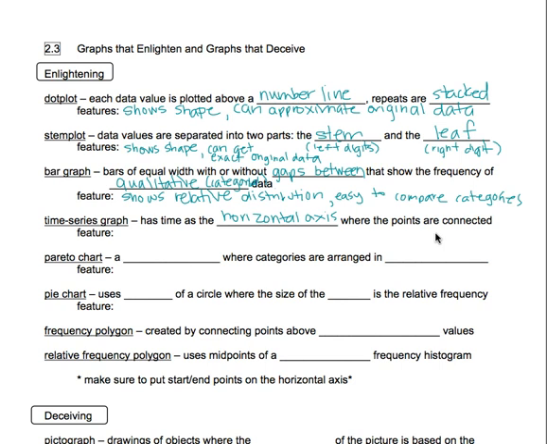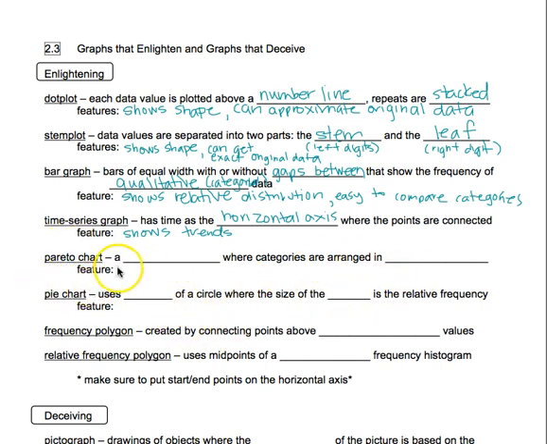It's actual connect the dots. So the only reason we would use this type of graph is to show trends over time. So you can see whether sales have been increasing, decreasing, staying the same, those types of things.